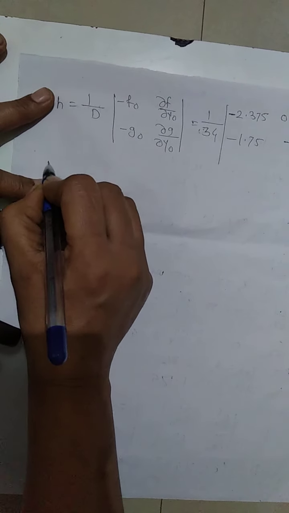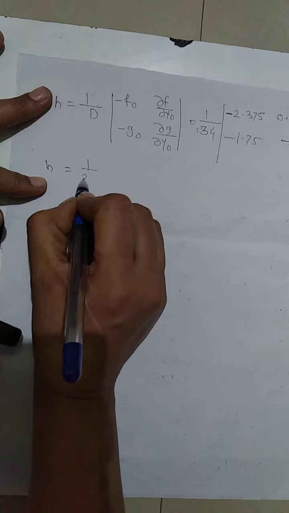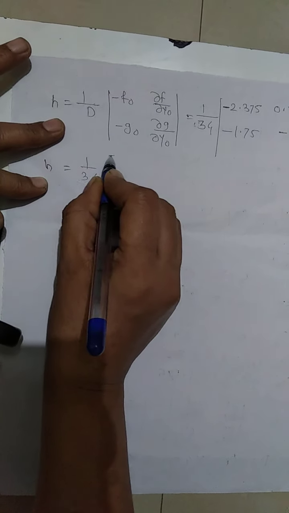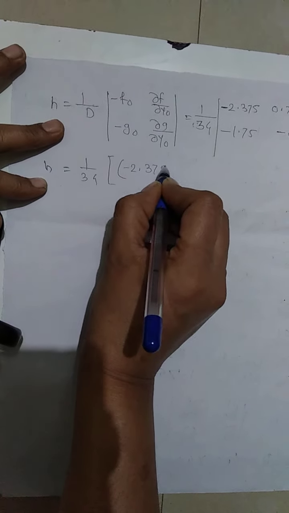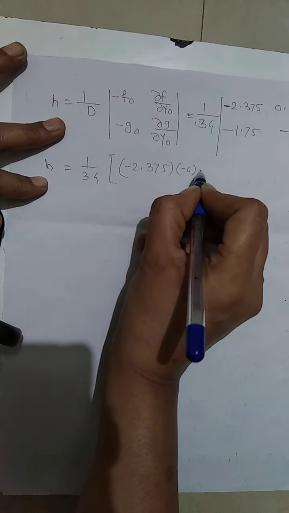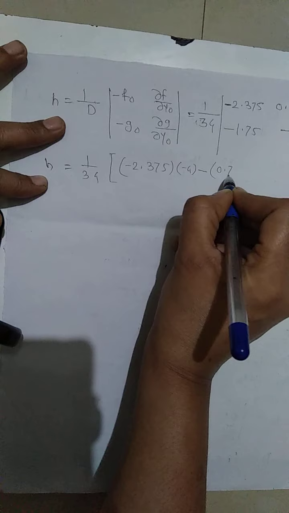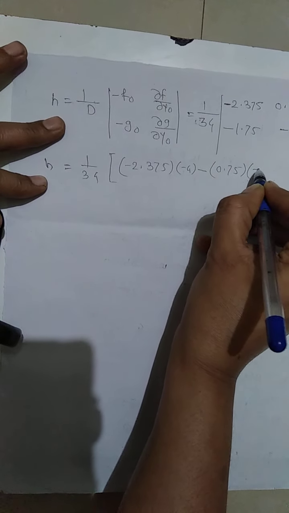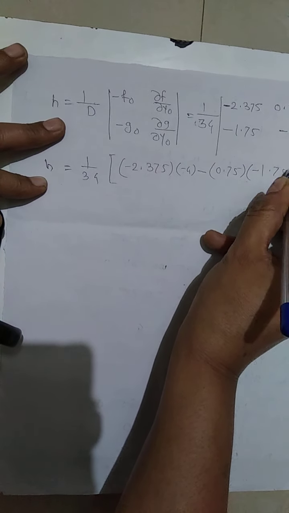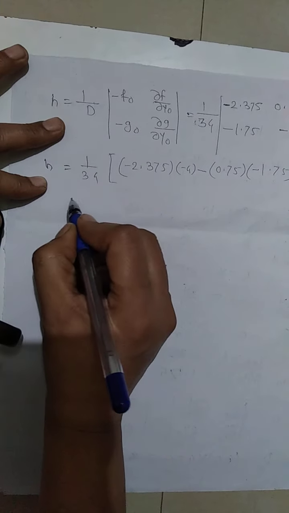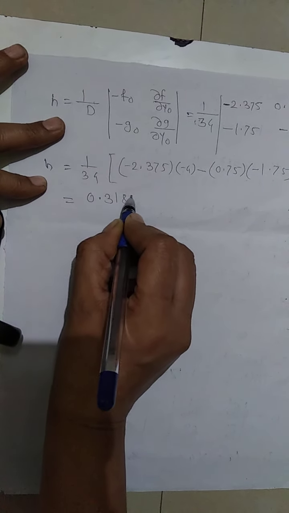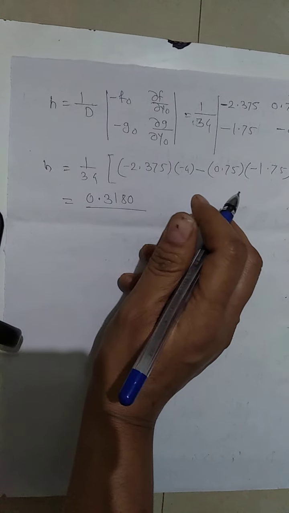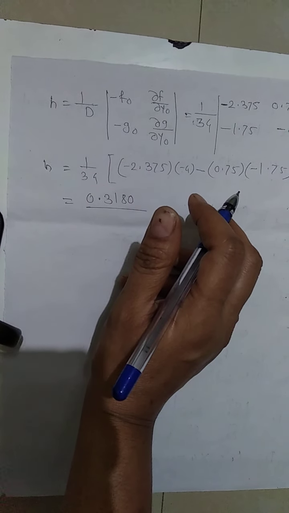After calculating, h is equal to 1 upon 34 into minus 2.375 into minus 4 minus of 0.75 into minus of 1.75. After calculating, this value is equal to 0.3180. This is the value of h.